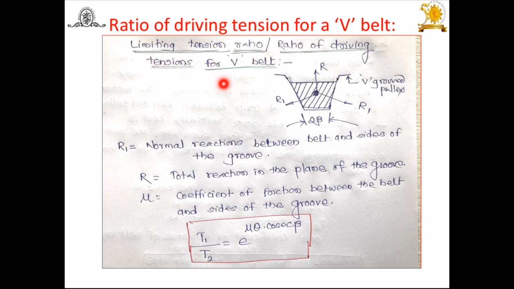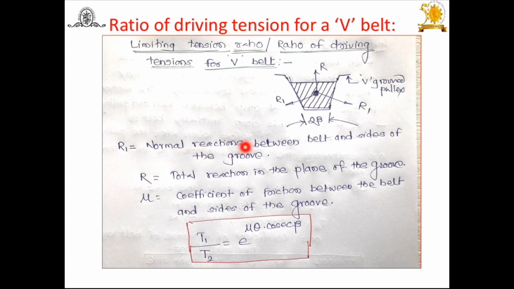I am not going to derive the expression for V-belt. You already studied it in earlier courses, that is theory of machines. Now we are in V-belt, where a V-grooved pulley is used, and because of the wedge action from this side and this side, there is a proper frictional grip. That's why it transmits more power than the flat belt or other drives.